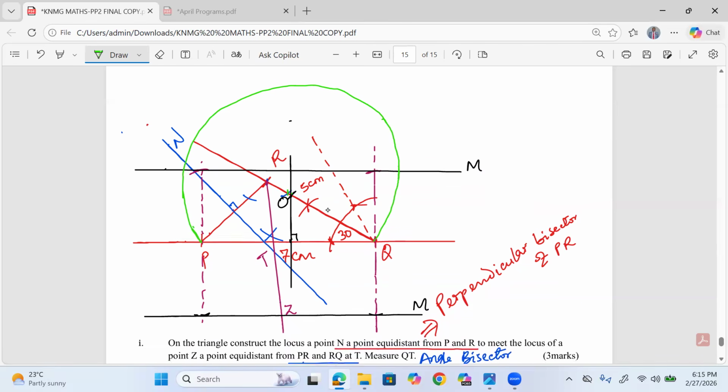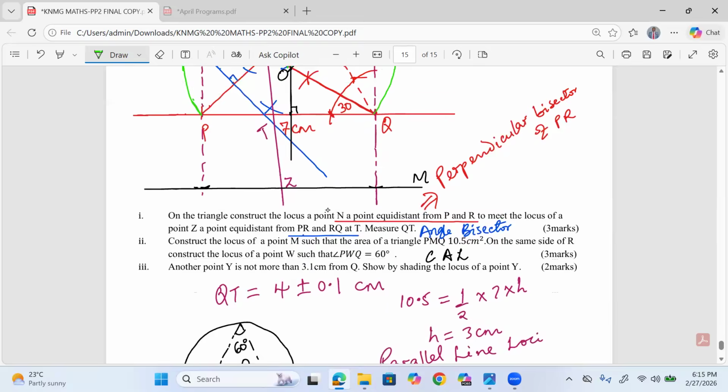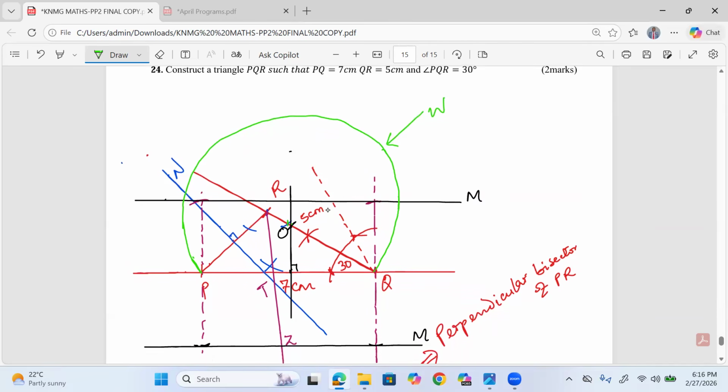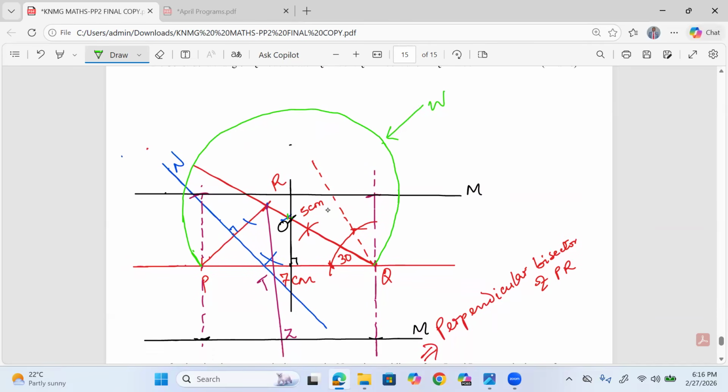This is the locus of what? The locus of W. So the locus is called W. Along W, that circle locus, anywhere along that we get, we shall get 60 degrees using PQ as the base.